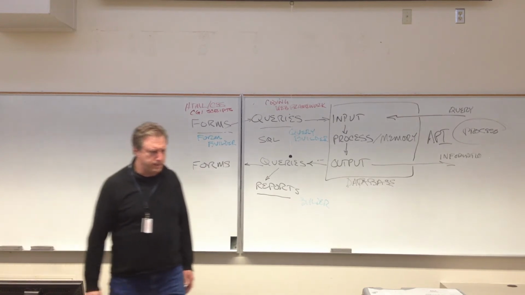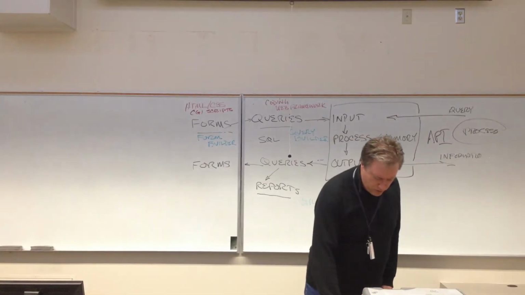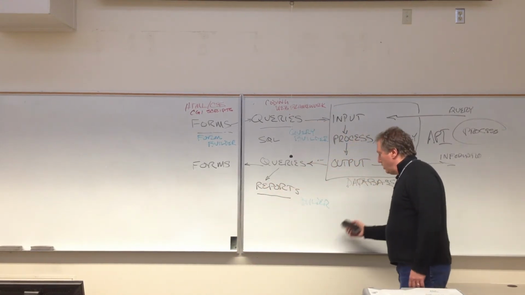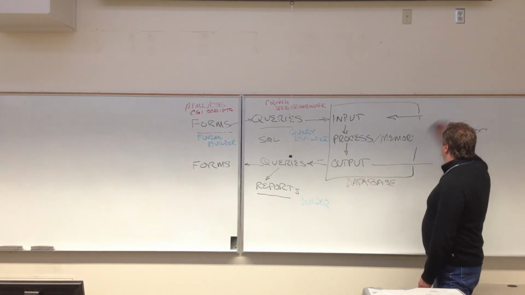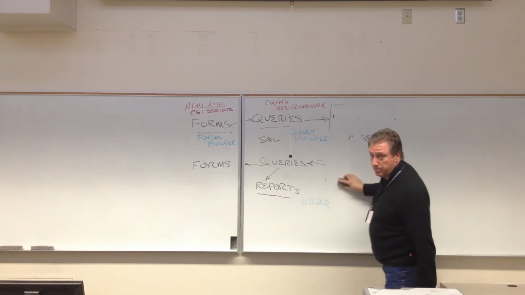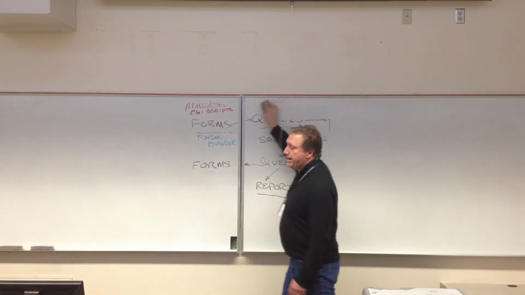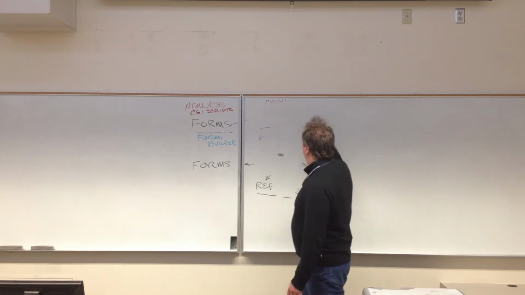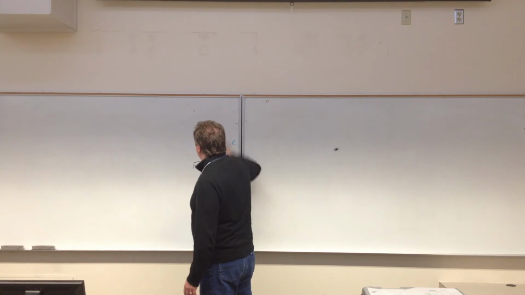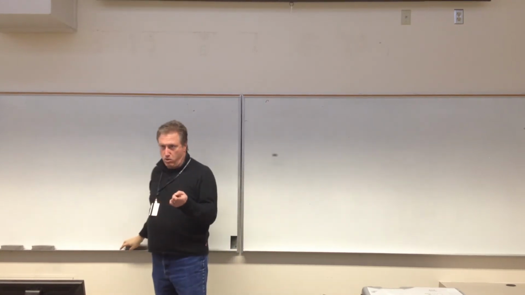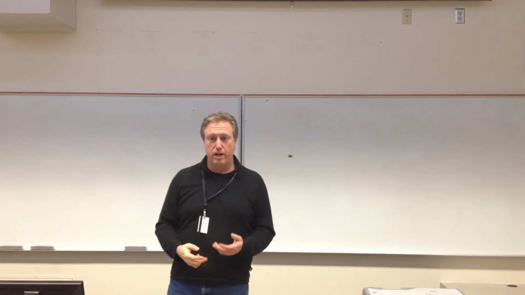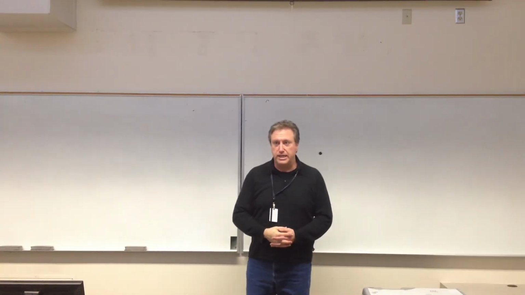Okay, let's talk about queries. So, those of you, can I erase this now? So what have we got to work with? We have got table names, we've got attributes, and we have spent a lot of time up to now making sure that those table names, one, correspond to the entities in our system, the things that we're interested in, or two, are there to help us manipulate the data quickly and efficiently.